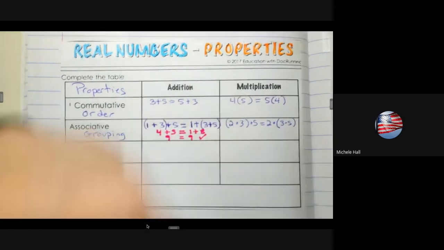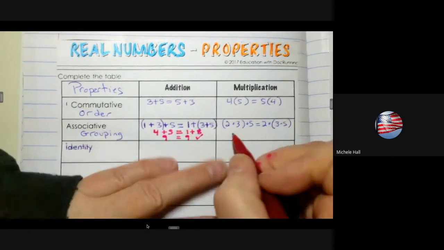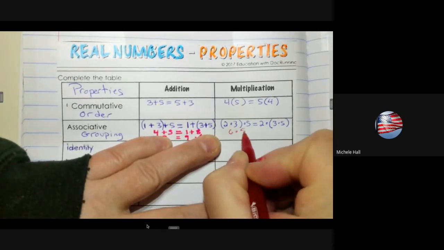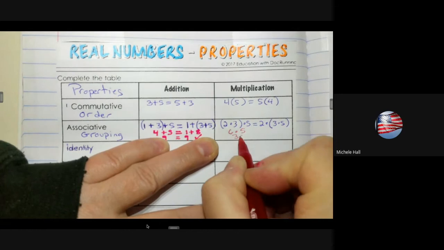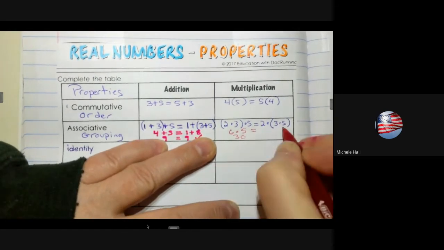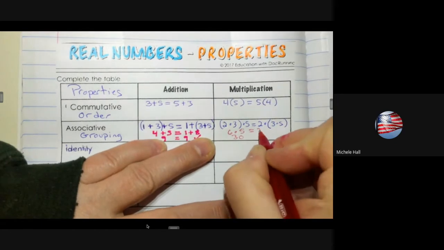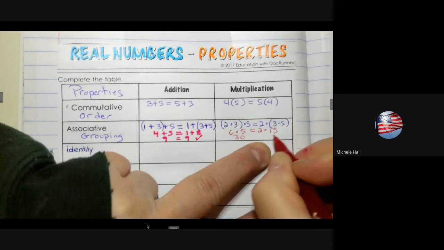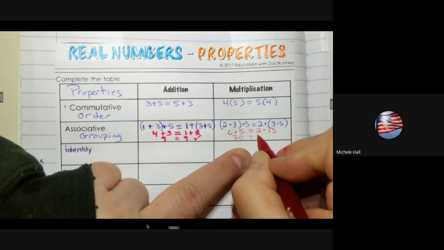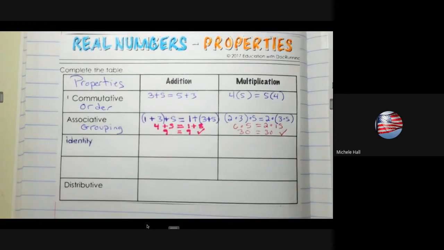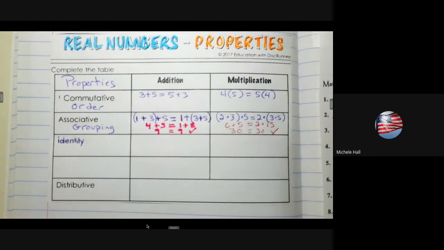We start with parentheses first. 2 times 3 is 6, times 5, and 6 times 5 is 30. Let's see if we get the same thing on the other side. Starting with inside the parentheses, 3 times 5 is 15, and then 2 times 15 equals 30. Yes, it works. The associative property is about grouping.